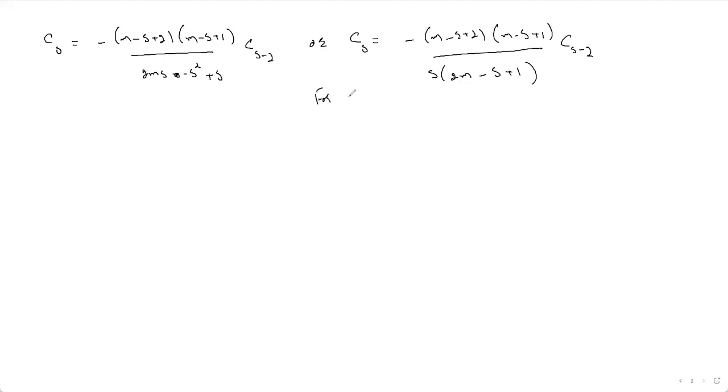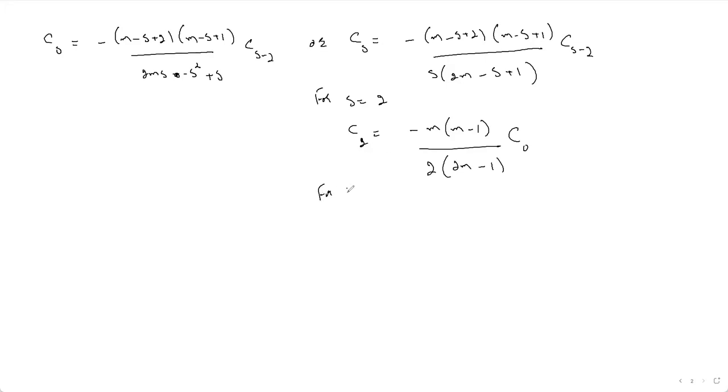Now for s is equal to 2, c2 will be equal to, shabash, substitute here, it will be minus m into, very good, m into m minus 1, right, m minus 1 divided by, for s is equal to 2, it will be 2 into 2m, okay, very good, 2m plus 1 minus, no, minus 1, 2m into minus 2 will make it minus 2, so it will be minus 1, into c0. Okay, so this is the one.